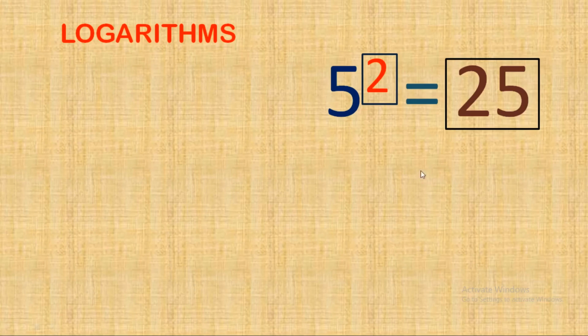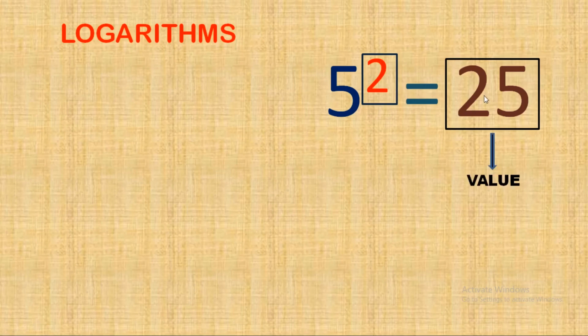I have written 5 square is equal to 25. As you all know, 5 into 5 is equal to 25. So here we need to know the names of the terms written in this exponential form and its answer.